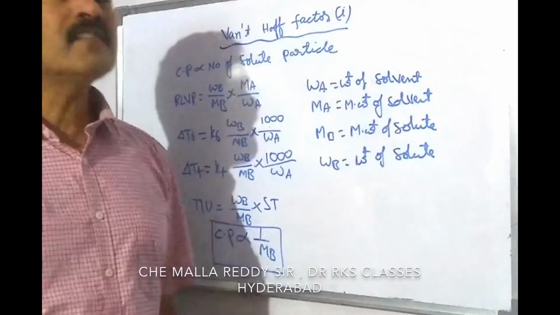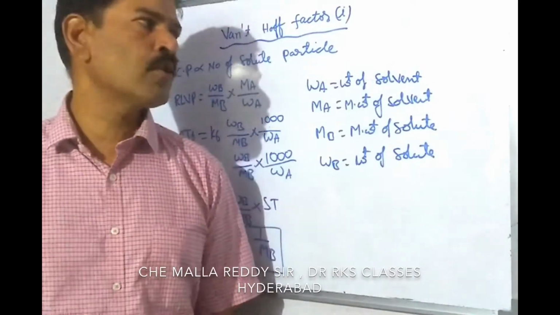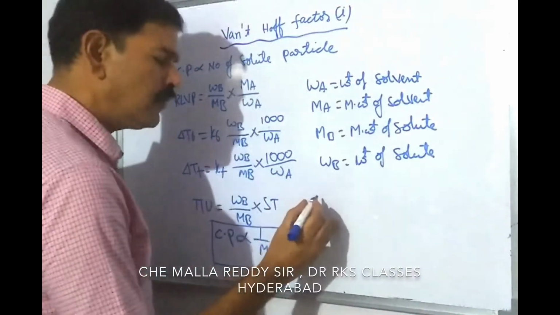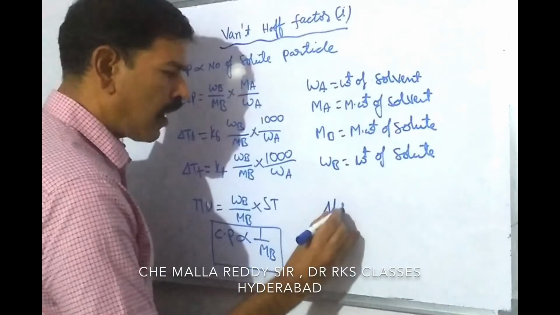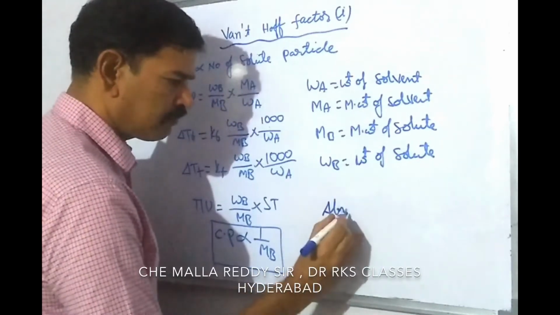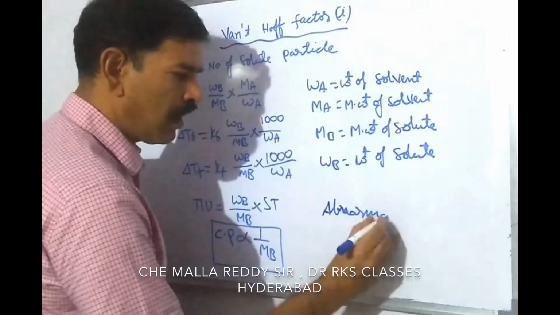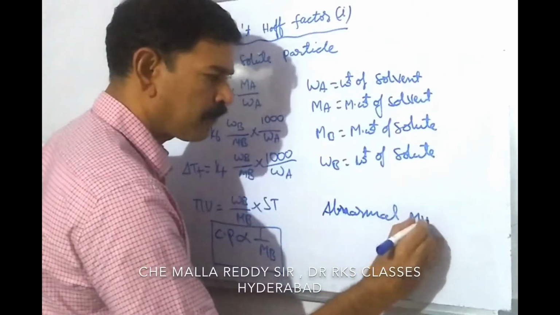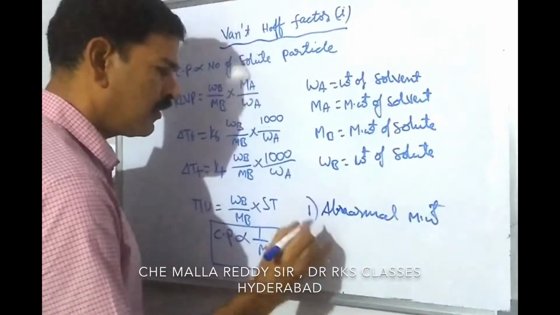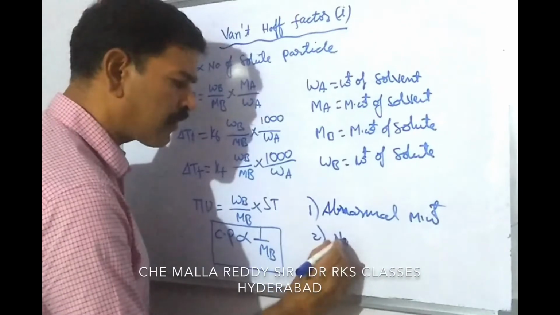One is, what is abnormal molecular weight, or observed molecular weight? Another one is normal molecular weight.